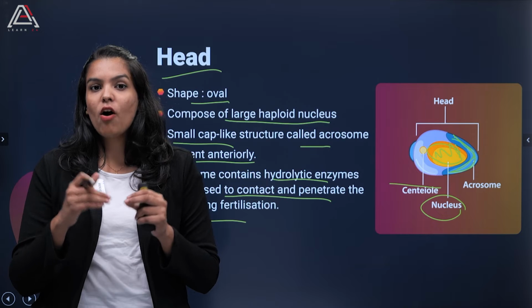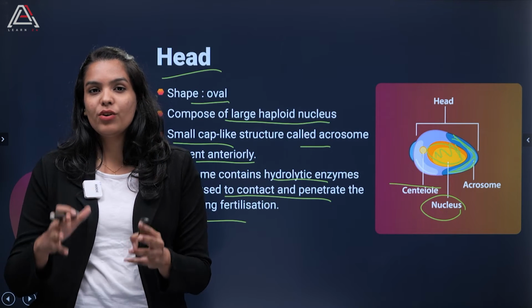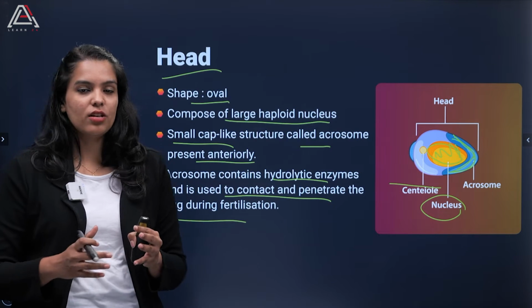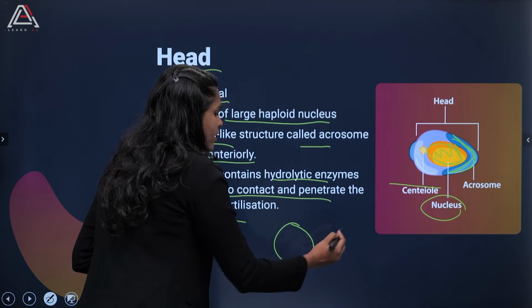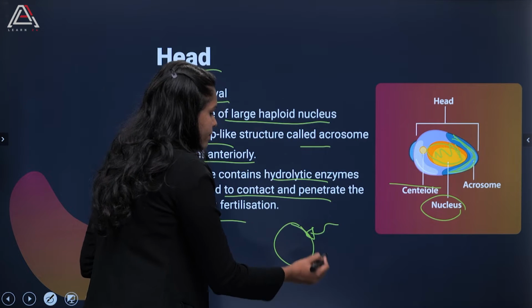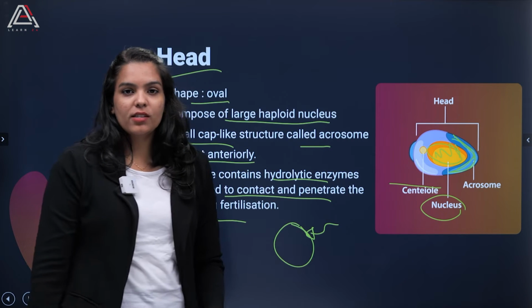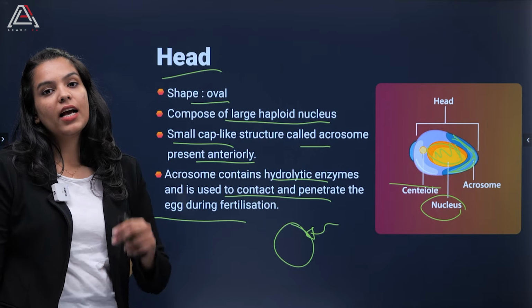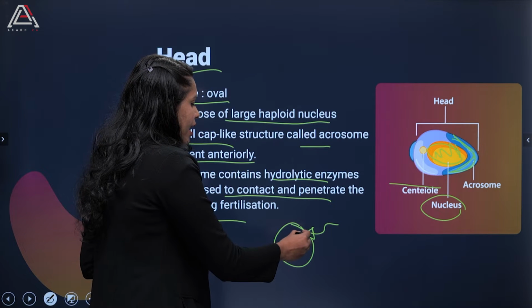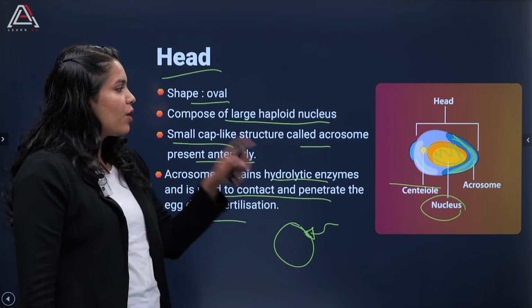During the process of fertilization, when the sperm is coming and contacting the ovum, it touches the tip first, so the acrosome plays an important role here. This enzyme basically helps the sperm to get into the ovum. So this is the function of the head.